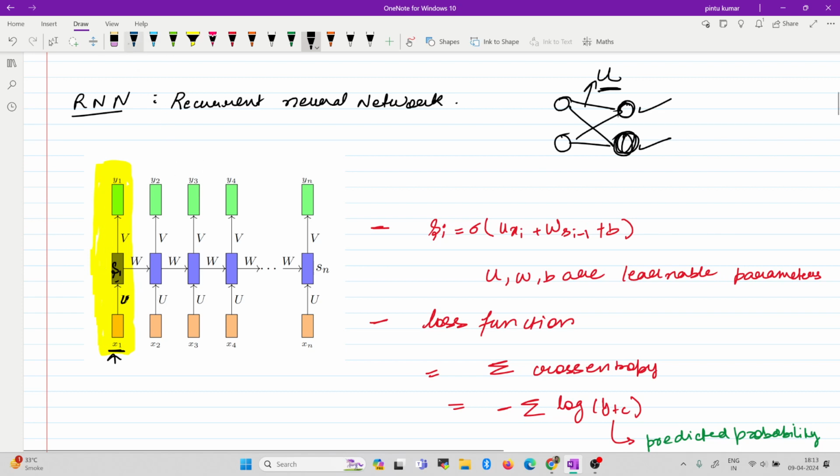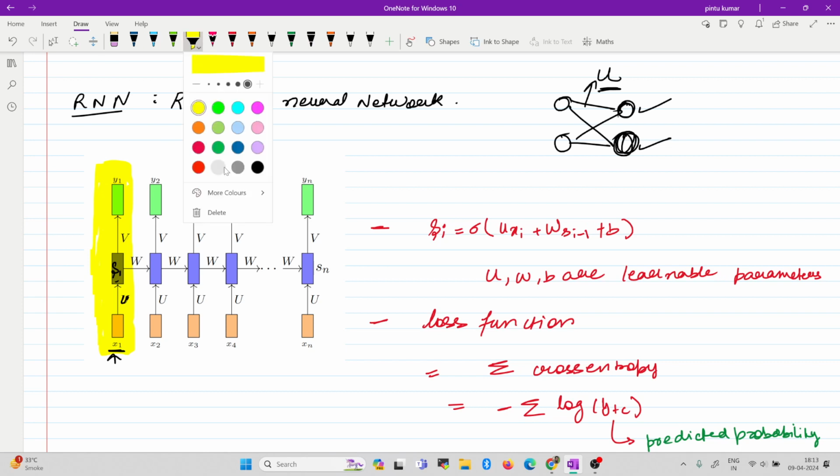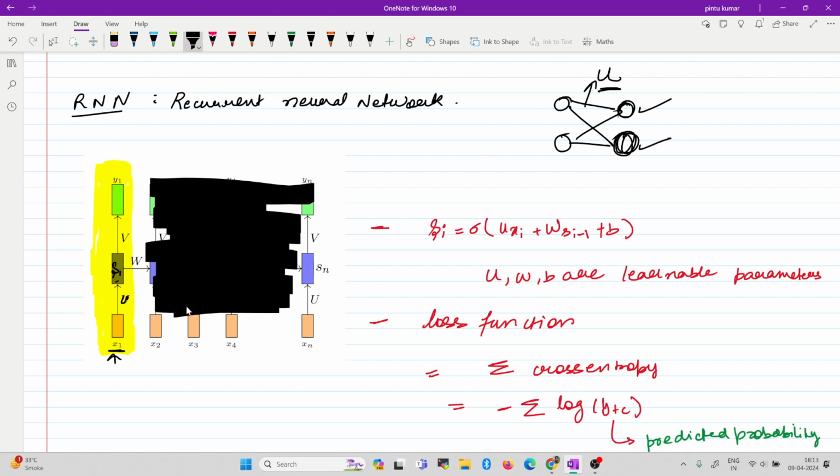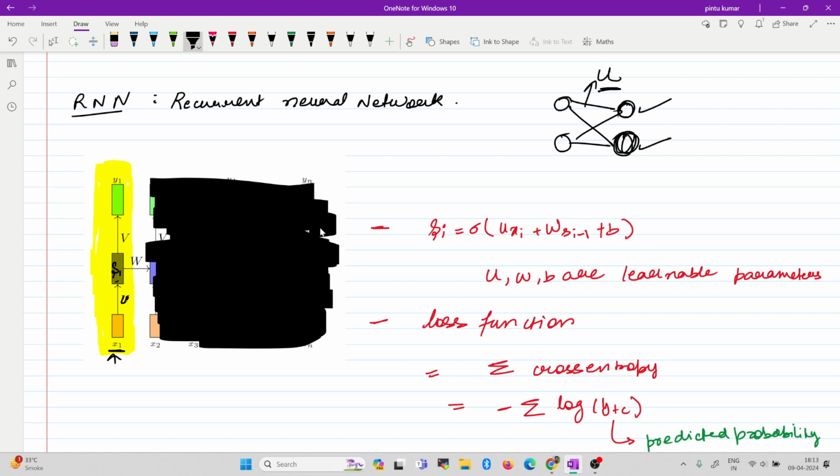Right now, forget about the rest of the part. You can simply forget about whatever is over here. So the network looks something like only this much.